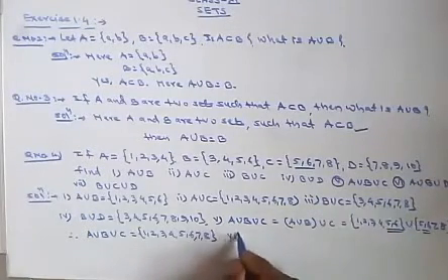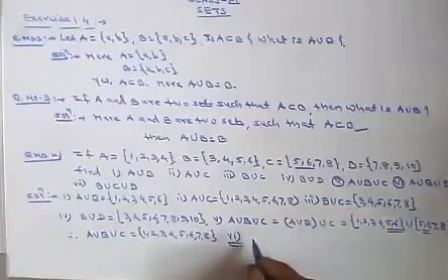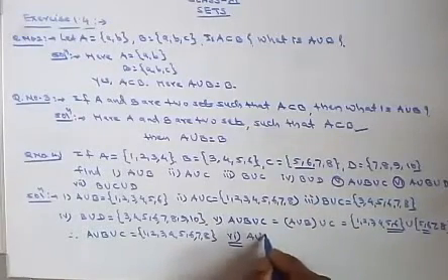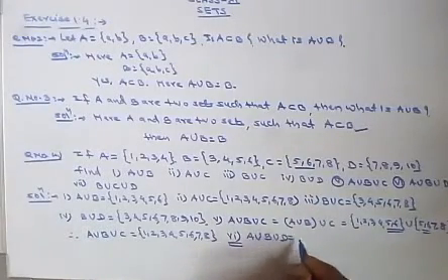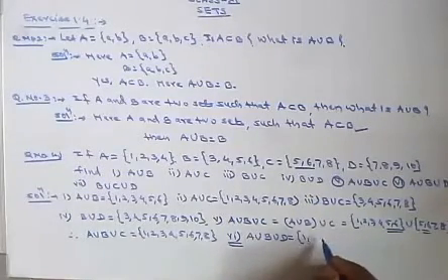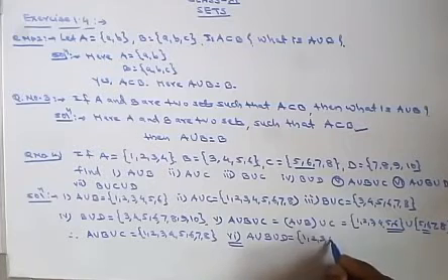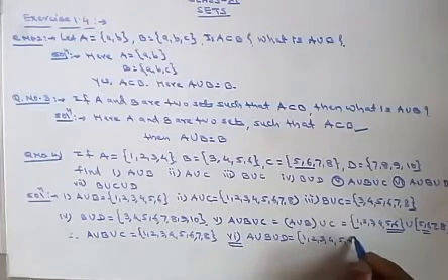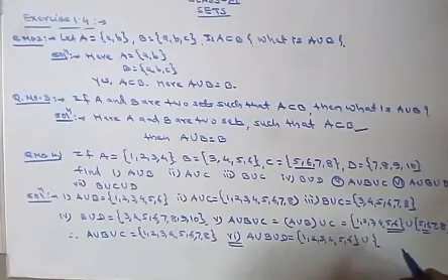Similarly you take sixth number 6, A union B union D, so let us find A union B, 1 2 3 4 5 6, union what is D?